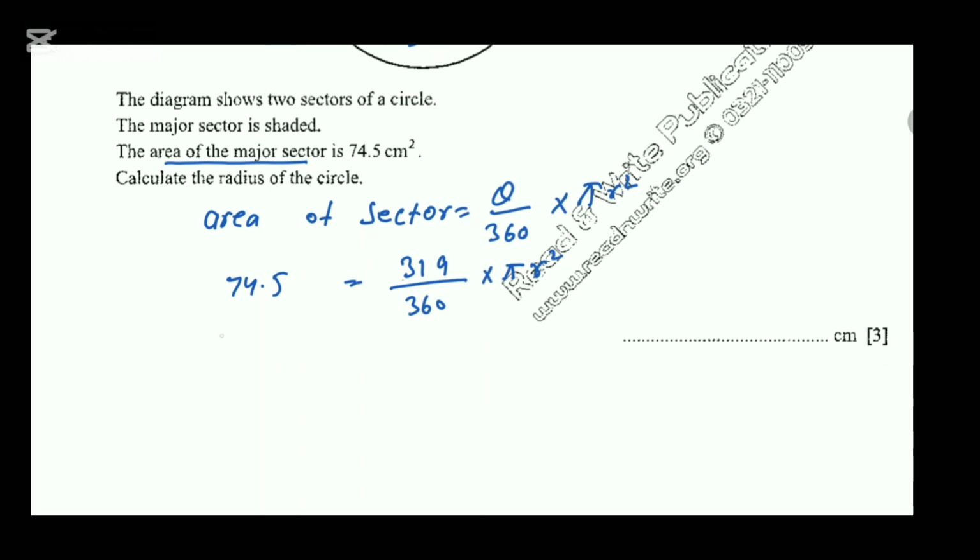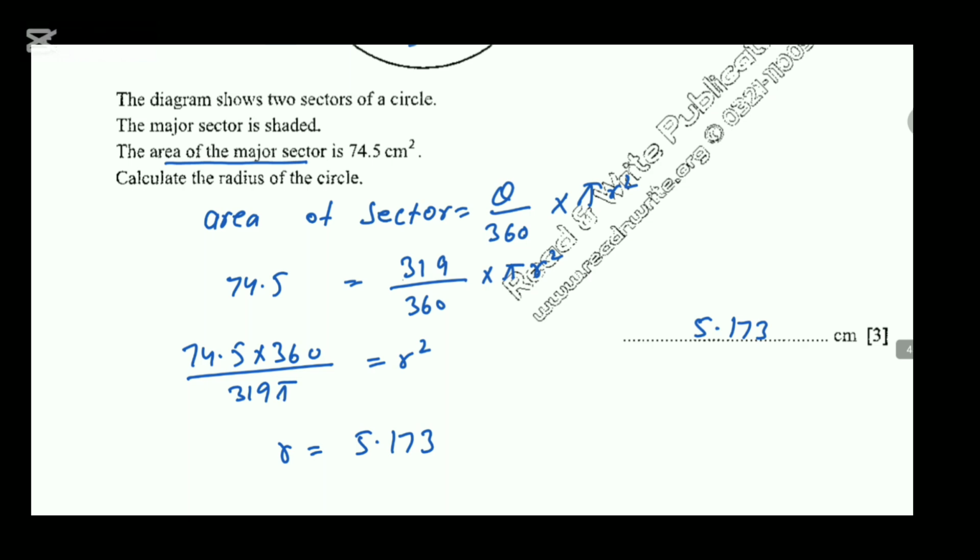Now 74.5 multiply 360 over 319 pi is equal to r square. Put it in the calculator and take the square root, you will get 5.173. So this is the radius. 5.173 is the final answer of this question.